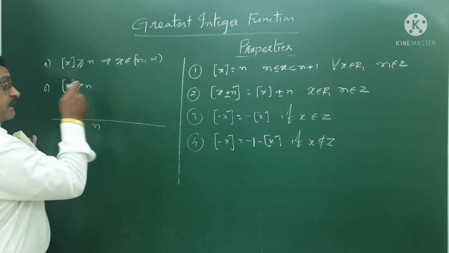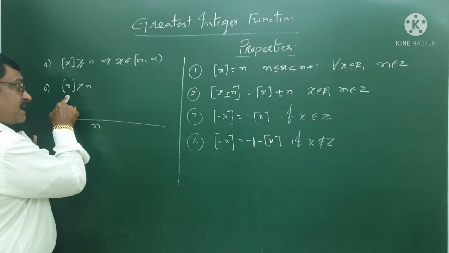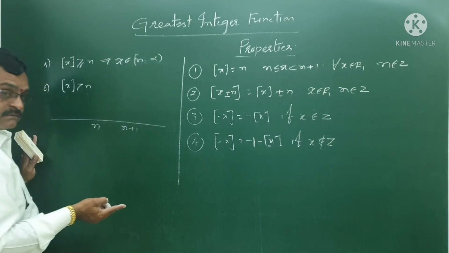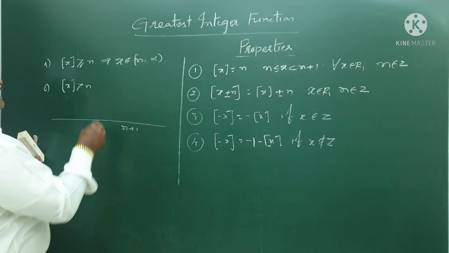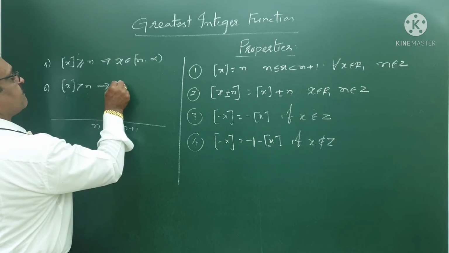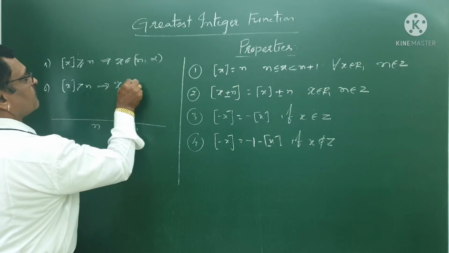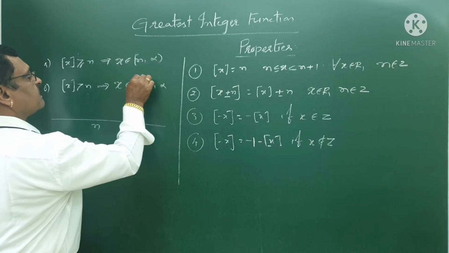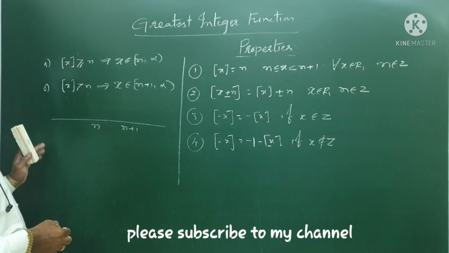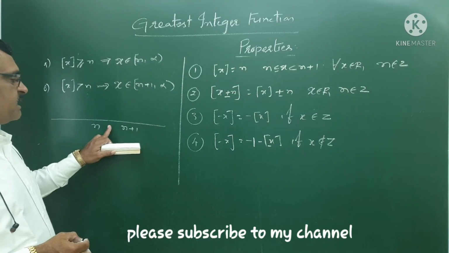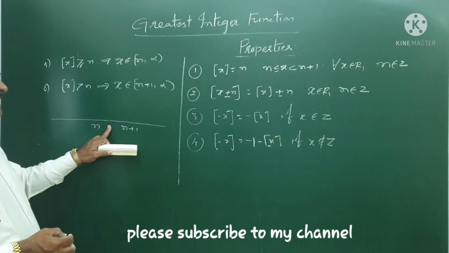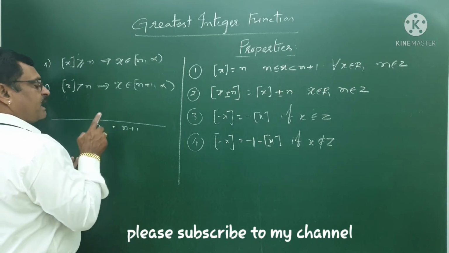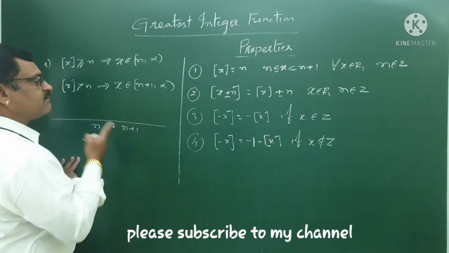Integral part of x is more than n means integral part of x is again an integer, therefore it must be n plus 1. So I can say my x value belongs to n plus 1 to infinity. Or can I take x is more than n? No, if I take x somewhere here, my integral part of x will be n. So I have to take more than or equal to n plus 1 only.